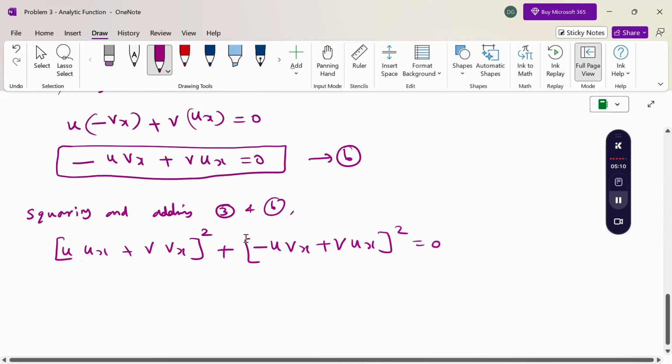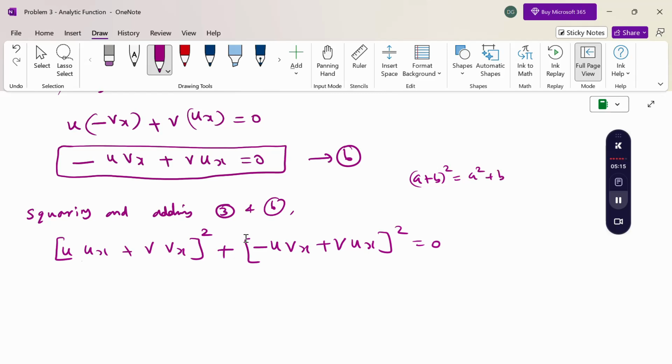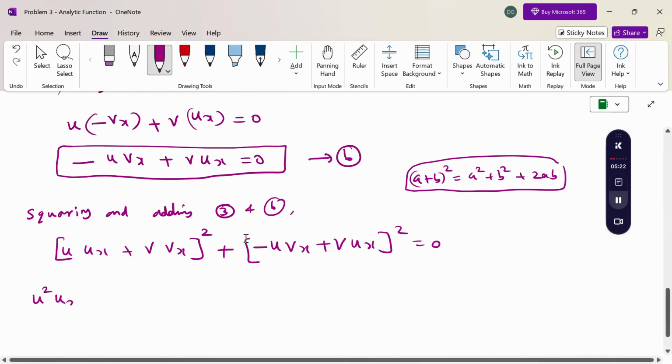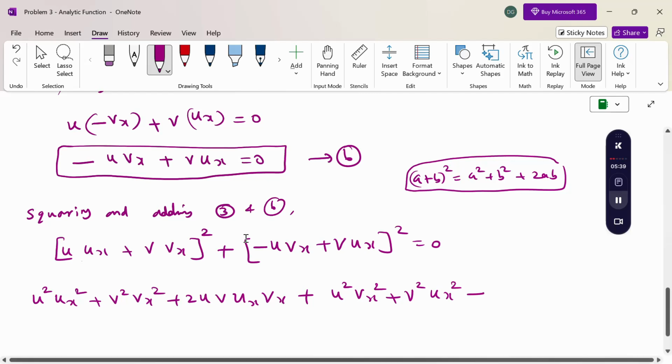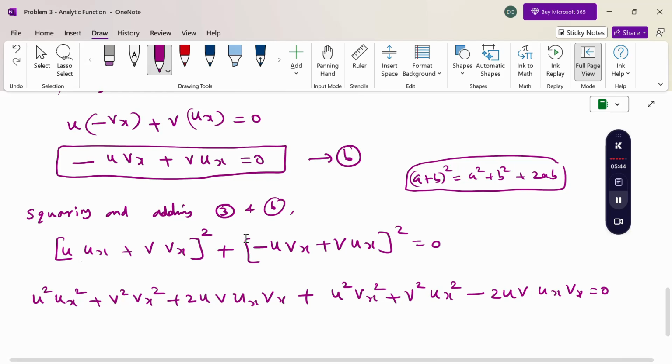Now use the formula for a plus b whole square, a square plus b square plus 2ab. Therefore this term gives u square ux square plus v square vx square plus 2uv ux vx, plus this term u square vx square plus v square ux square minus 2uv ux vx equals 0.